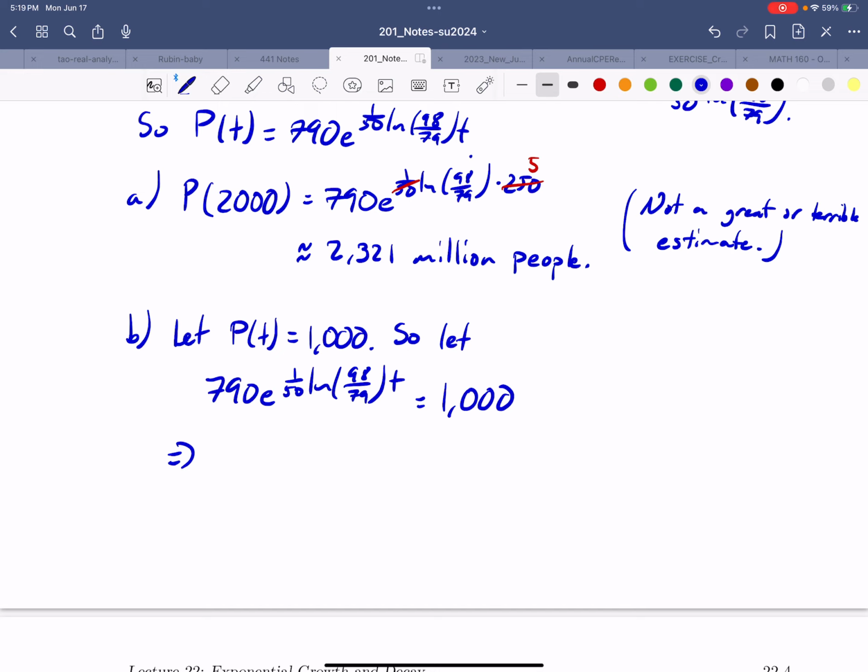So anyway, we do this, divide both sides by 790. This is going to be 100 over 79. I knocked off those extra zeros. Take the ln of both sides, and we get 1/50 ln of all this.